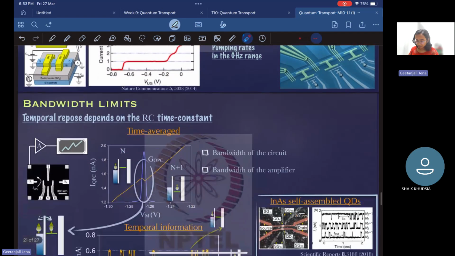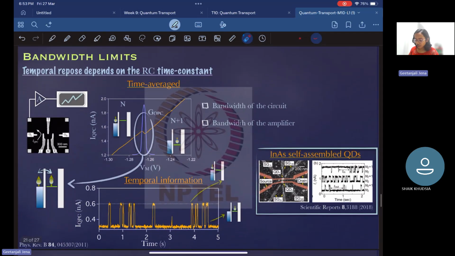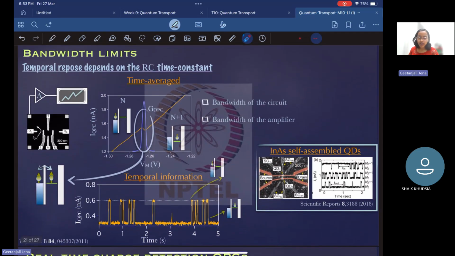So let us first discuss the bandwidth limit of the QPC-based sensor or the SET-based sensor. This has been covered in this slide.